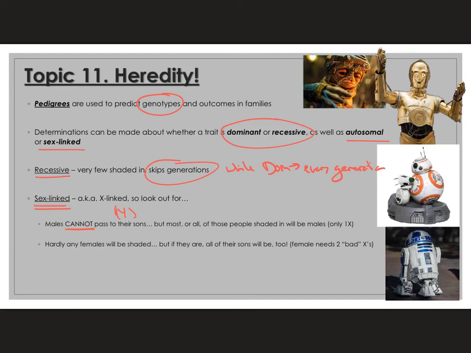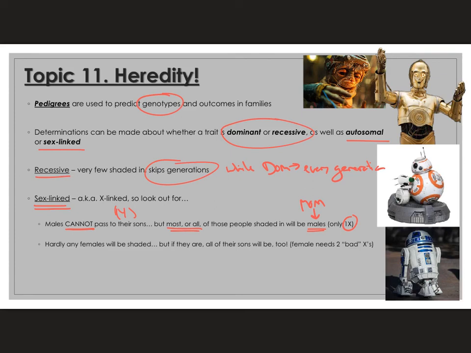But most or all of the people shaded with a sex-linked trait will be males because of their hemizygosity, and that has to come from mom. So the trait would go from mother to son, and then the son would be shaded in. The mom was probably just an unshaded carrier.